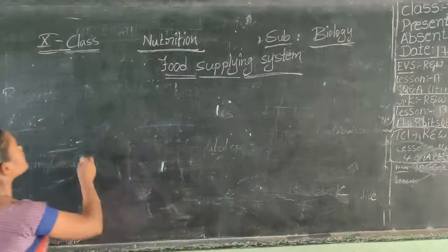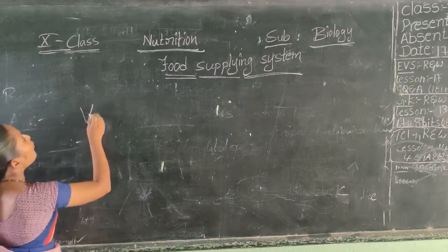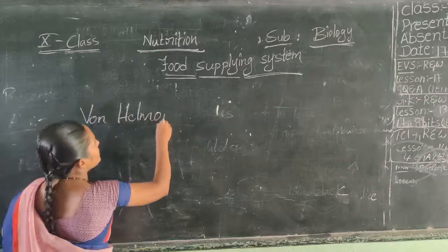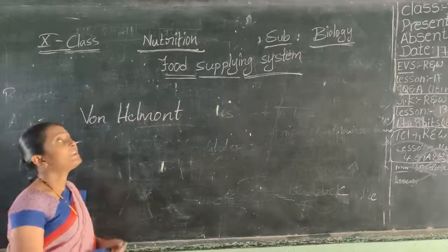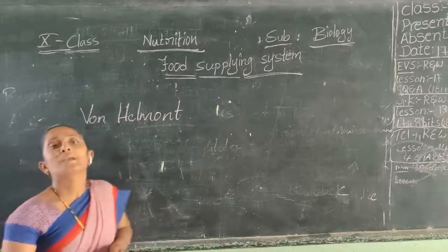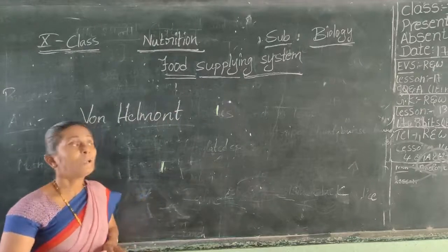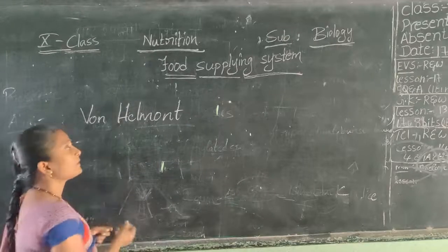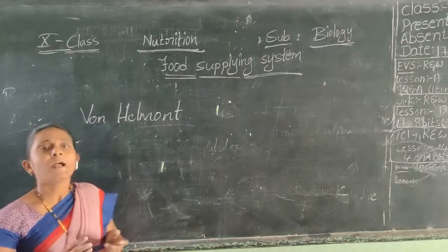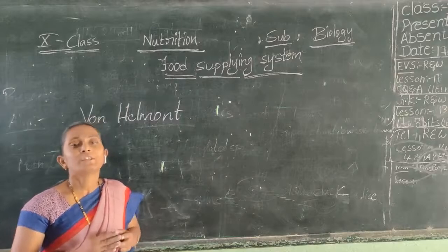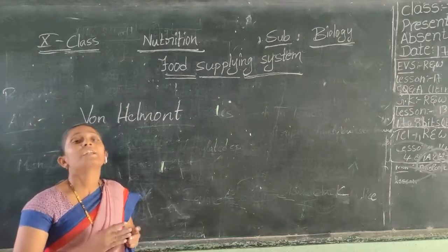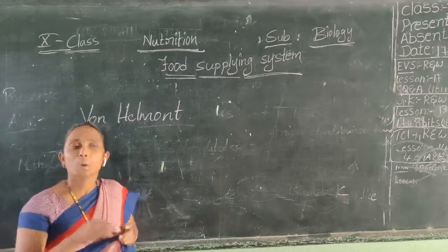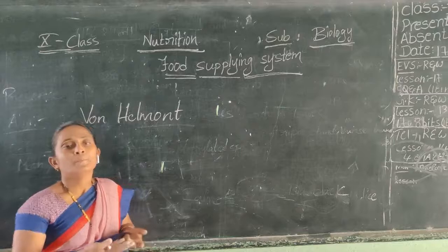A scientist, his name is Von Helmont, conducted an experiment on a potted plant, though he did not know that water plays a major role in photosynthesis. He took a potted plant, covered it with a polythene cover, did not apply any water to the plant, and then put some small cones upon this cover.